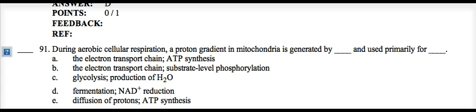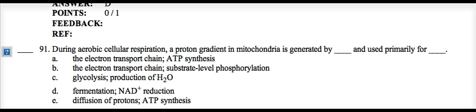Okay, number 91. During aerobic cellular respiration, a proton gradient in mitochondria is generated by blank and used primarily for blank. I think this is an awesome question to pull these ideas together. So how is the proton gradient being formed and what is it being used for? I would say, make sure that you know the answer to this question if we were talking about photosynthesis too.